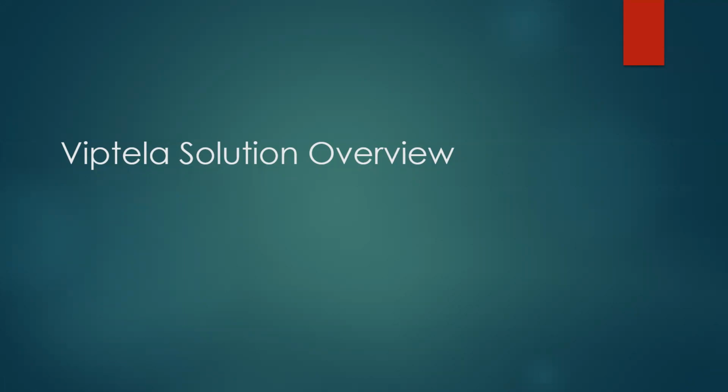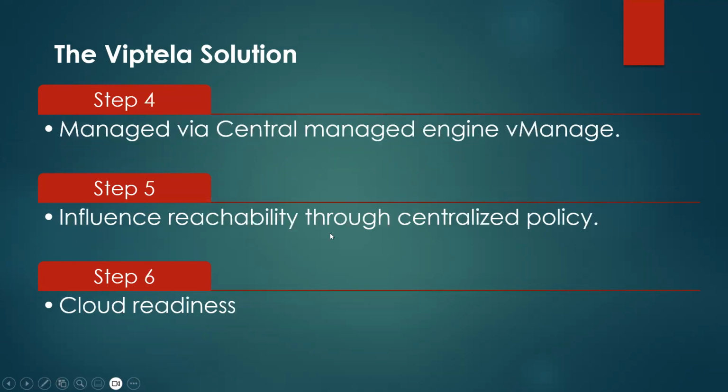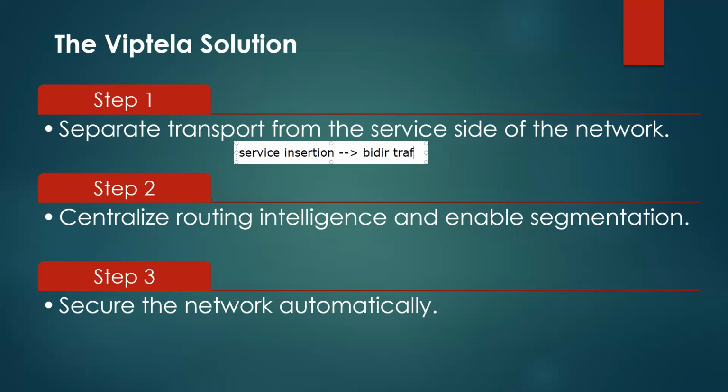If it is a data policy, then only it is bidirectional. So when we are talking about service insertion, we have to think about bidirectional traffic. We'll check that later on.